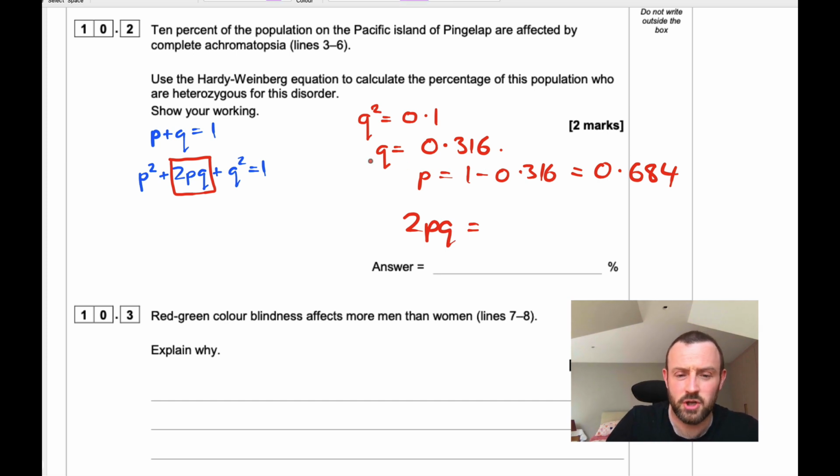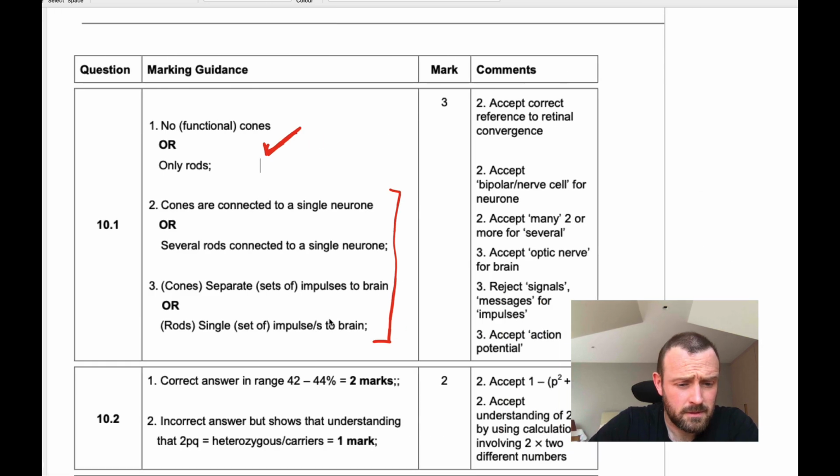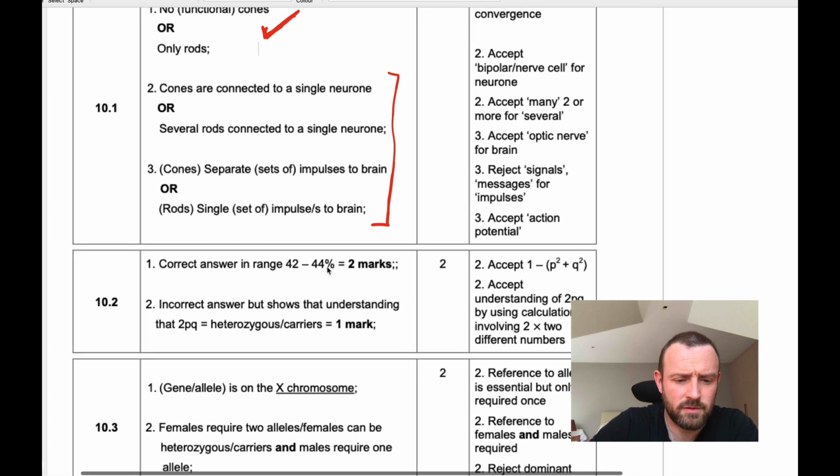So 2 times 0.316 times 0.684. So that's 0.432. So it's 43% of the population. Okay, let's double check that my maths was correct. Yep, somewhere between 42 and 44. Okay, so that's fine.